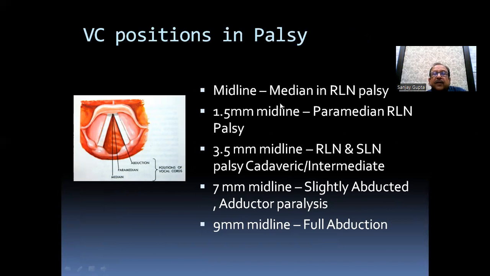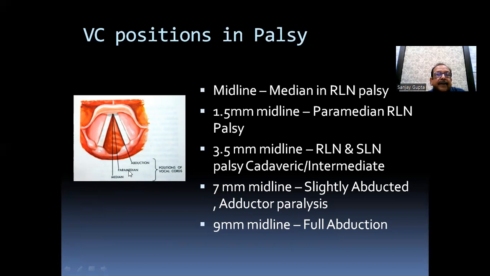Midline position, median, in recurrent laryngeal nerve palsy. 1.5 millimeter away from midline, that is paramedian position, in case of recurrent laryngeal nerve palsy.